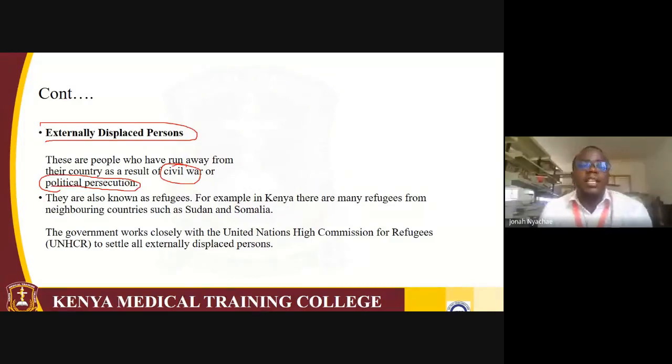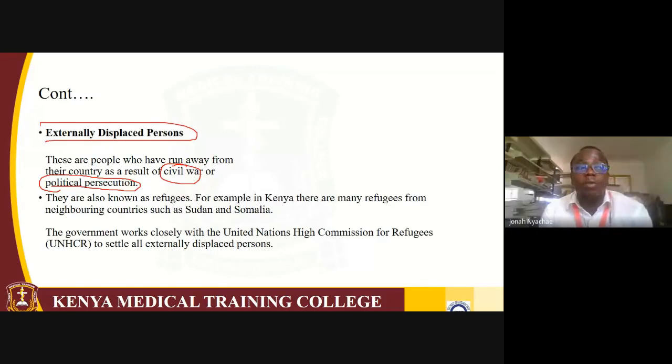So people are escaping from South Sudan and coming to Kenya. We host them. We have people who have run away from Somalia for a very long time. Kenya hosts the highest number of refugees in the world.